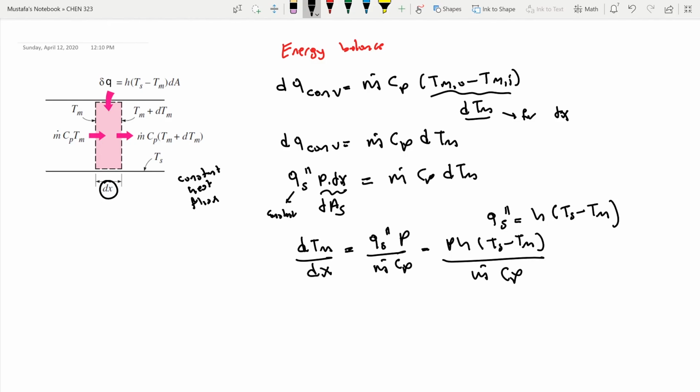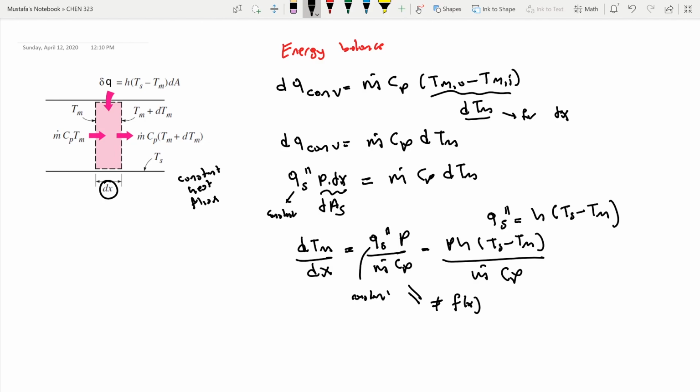Now if we have a constant heat flux, this term is constant, so it is not a function of x.